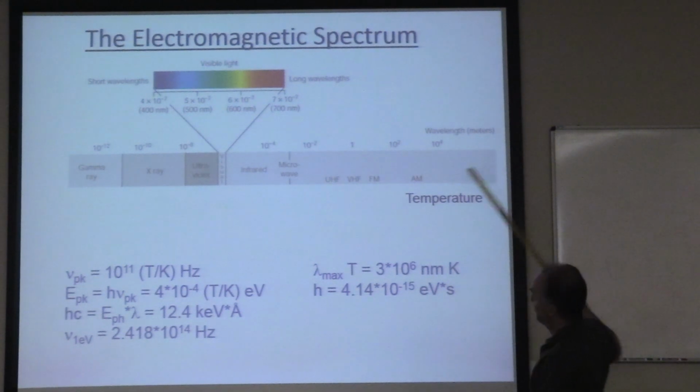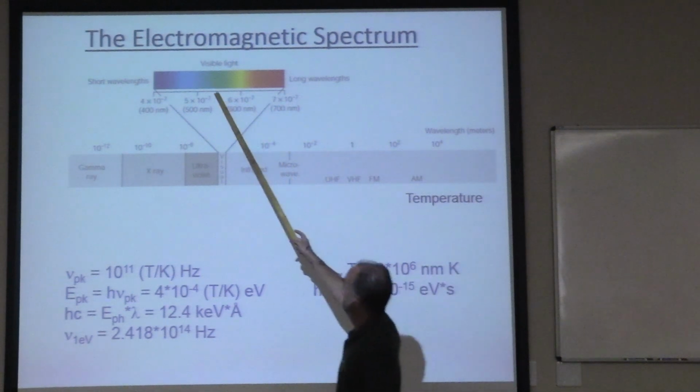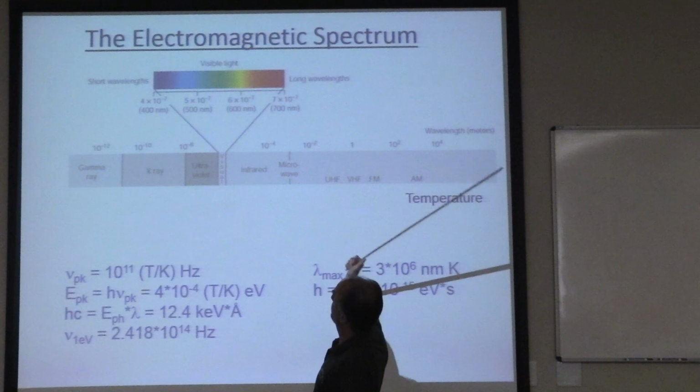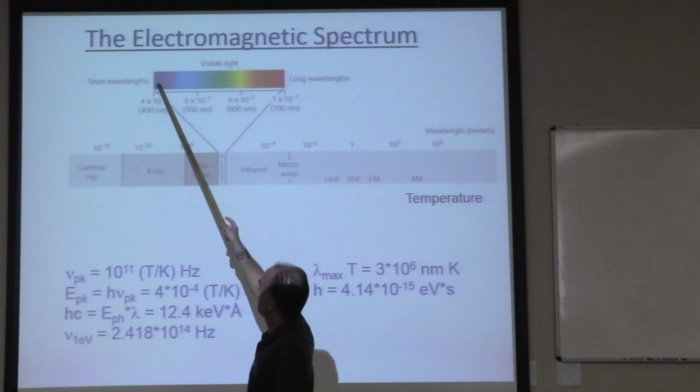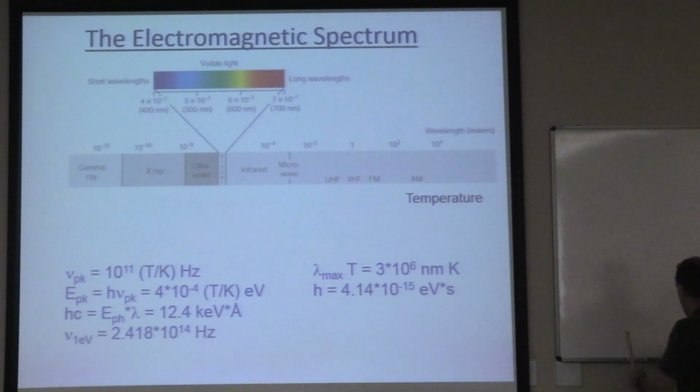The only difference here is really just wavelength. Within optical light, we have different wavelengths that we see with our eyes as different colors, right? Short wavelengths or high frequencies is blue light, and long wavelengths is red light.